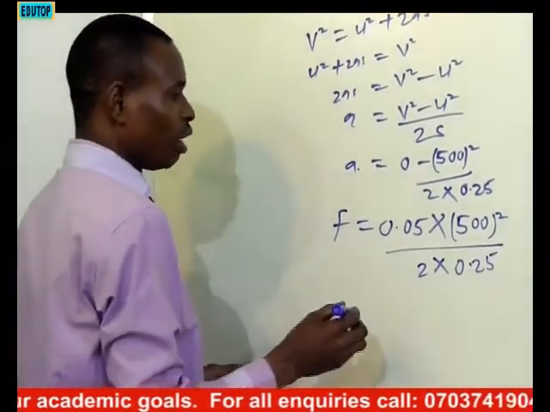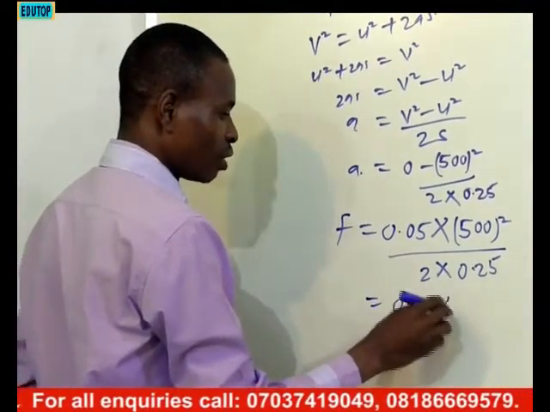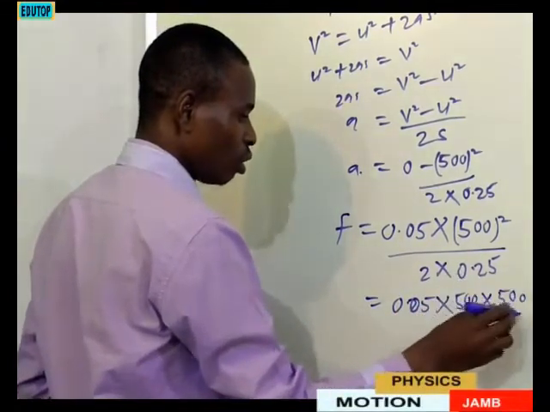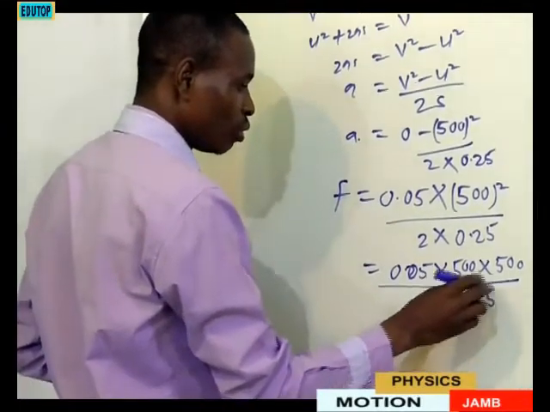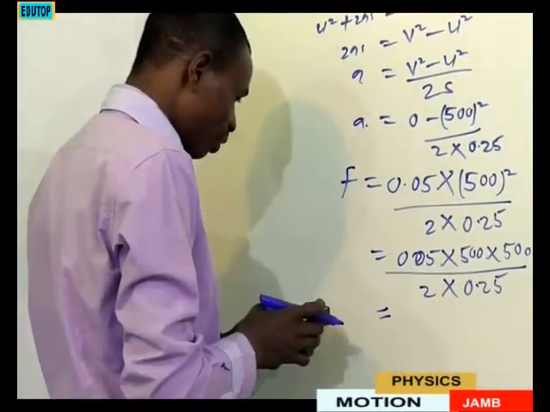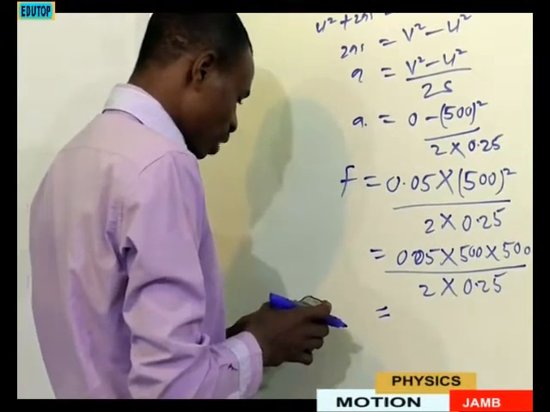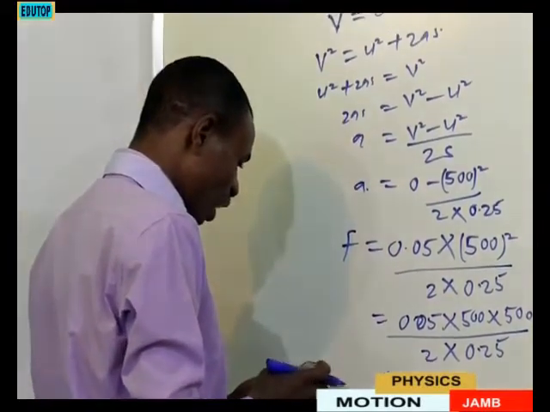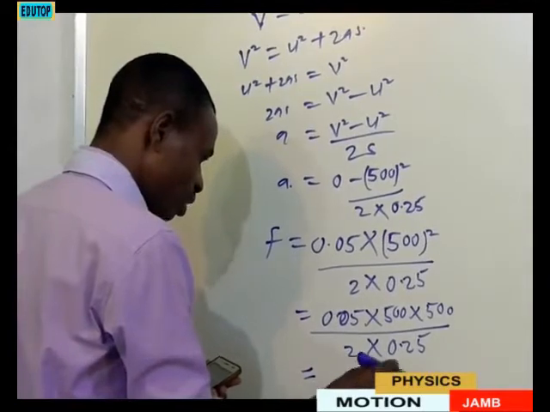Now what are we going to do about this? This is equal to 0.05 times 500 times 500, all divided by 2 times 0.25. We are going to have 0.05 times 500, another 500, for that we are having 12,500.